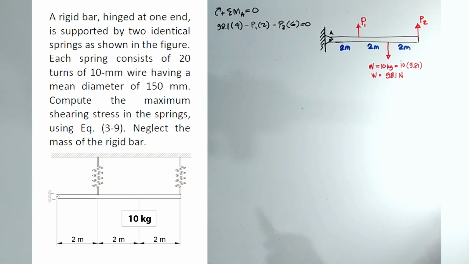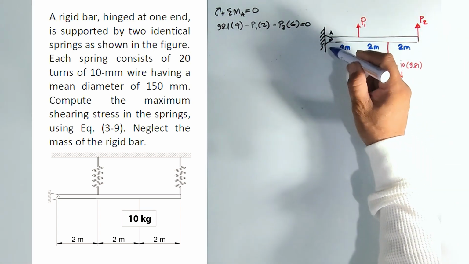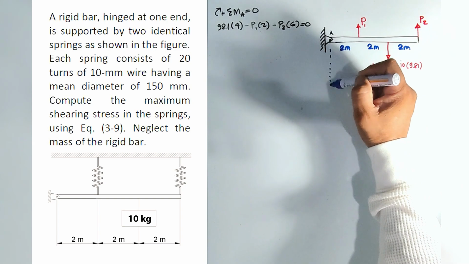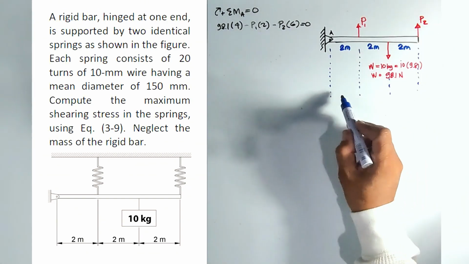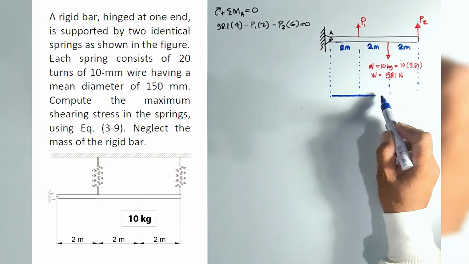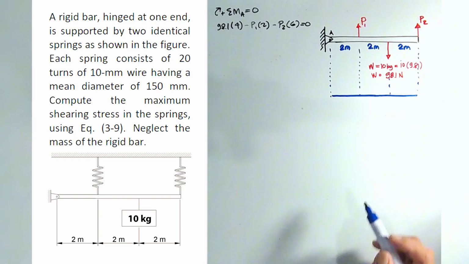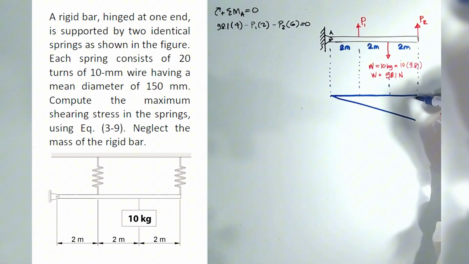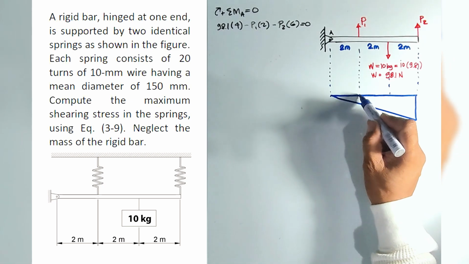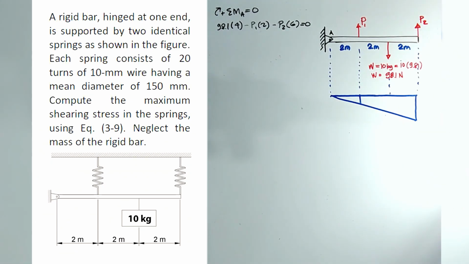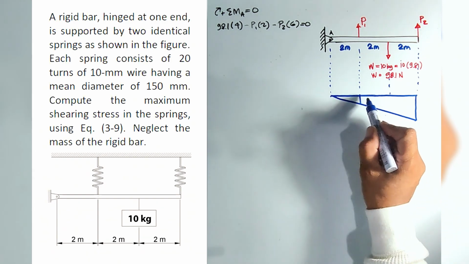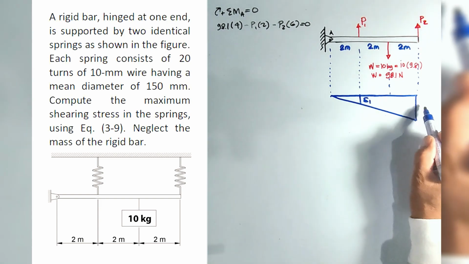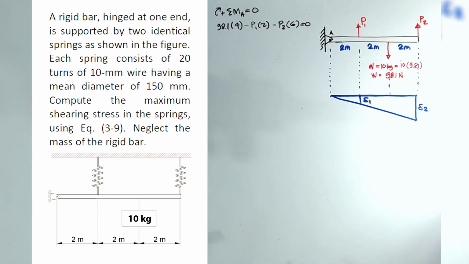Okay, and let's go to the compatibility equation or the deformation. So let's bring this down here. Let's say this is the original position of the rigid bar. It's horizontal. And then after the application of the load, it goes like this. So that means this one here and this one here are the elongation of each of these springs. So let's just call this one delta 1, this as delta 2.